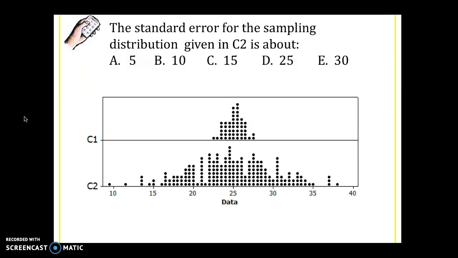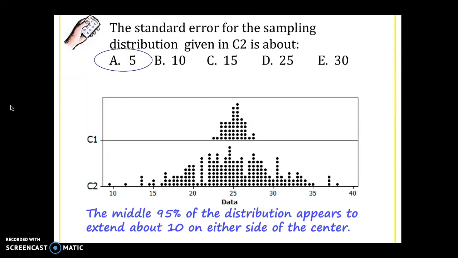Now we're looking at C2, the bottom dot plot. What would you guess the standard error is for the sampling distribution? And the answer is A, 5. If we look at the bottom graph, if I want to cut off the middle 95%, looks like it's around 15 all the way to 35.